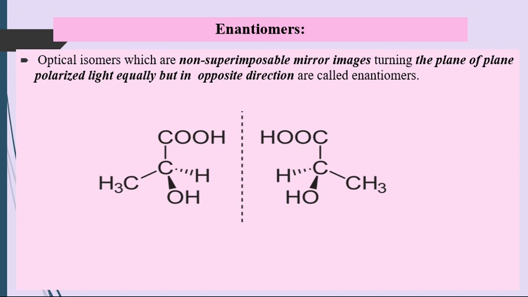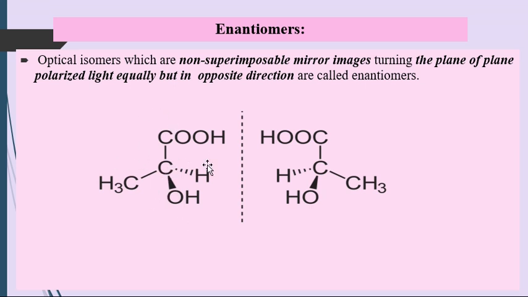Then first, the definition of enantiomers. Optical isomers which are non-superimposable mirror images and rotate the plane of plane polarized light equally but in opposite direction are called enantiomers. Here there is this molecule and its mirror image, and they are non-superimposable mirror images and rotate the plane of plane polarized light equally but in opposite direction.